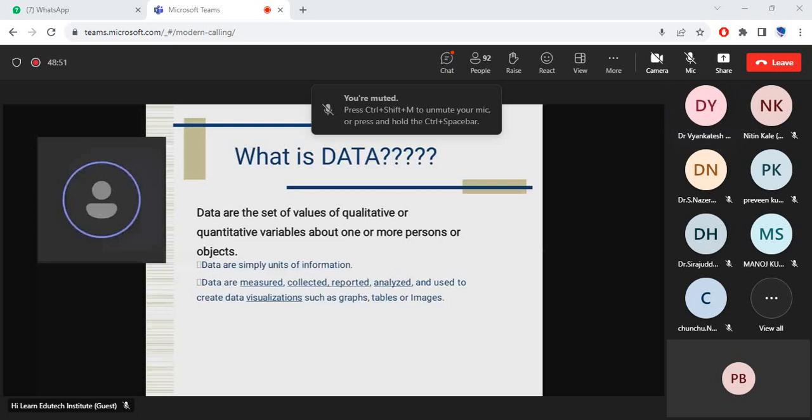So this is about our data. Data are simply units of information. Data is measured, collected, reported, and analyzed, and used in different patterns.